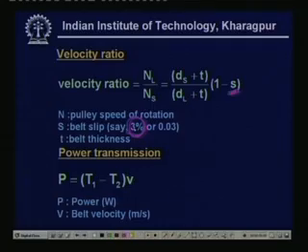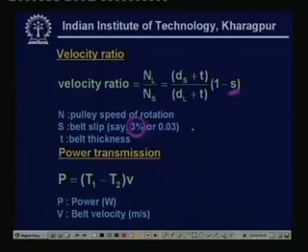If we consider a 3% slip, that means S is 0.03, so 1 minus 0.03, that is 0.97, will be the value of 1 minus S. Thereby a certain amount of velocity ratio is lost due to this slip, because we know that NL into DL is NS into DS. This is a very standard formula, but it gets altered due to the belt slip.